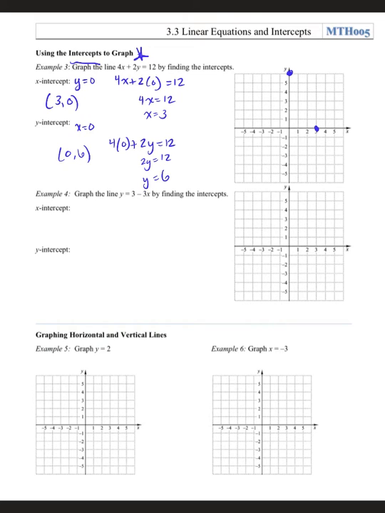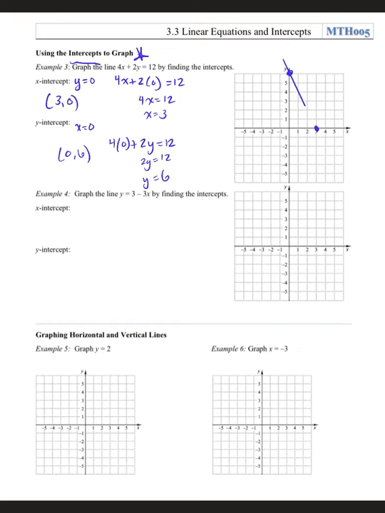Now what we have to do is connect those dots. I have this ruler, and I want to line it up and connect my dots. It's hard to get it too exact, but this will be as close as we're going to get here.